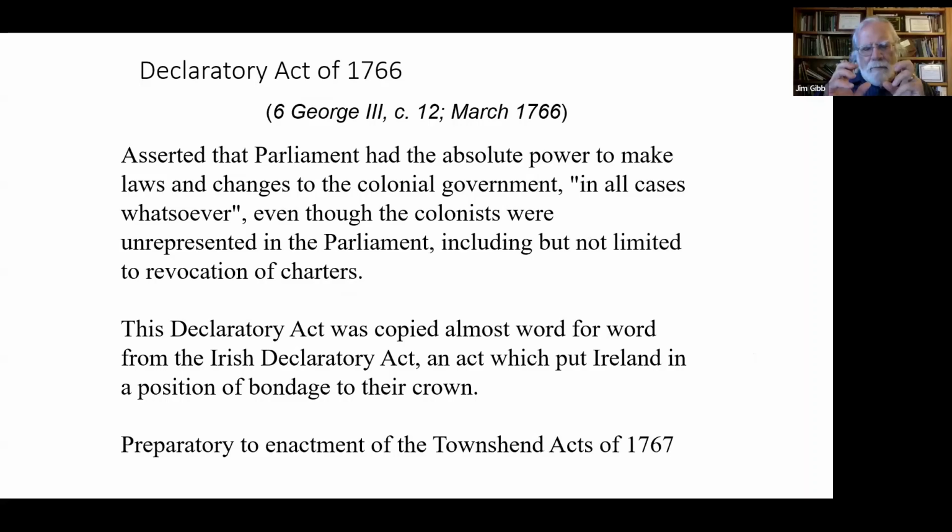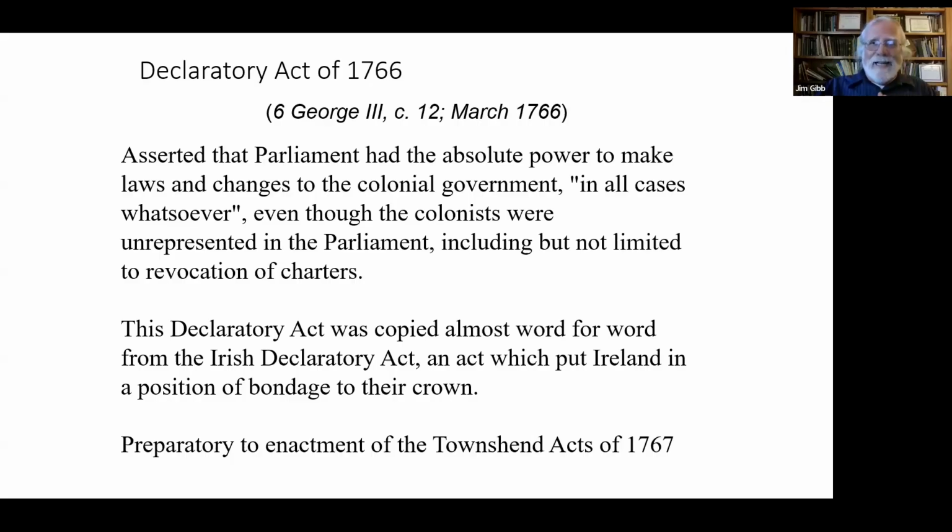Folks decided not to import or consume British goods. The merchants back in Great Britain didn't like that, since they were losing a lot of business. In the end, Parliament repealed the Stamp Act in the spring of 1766.